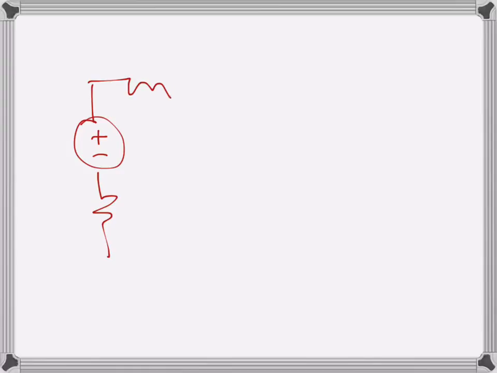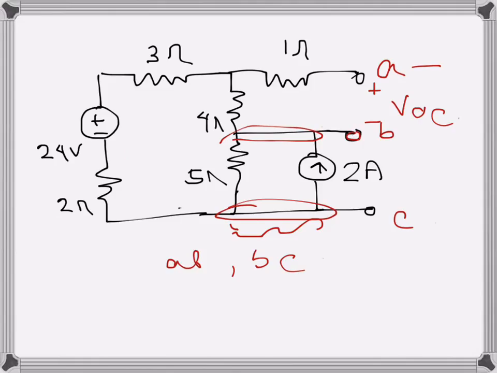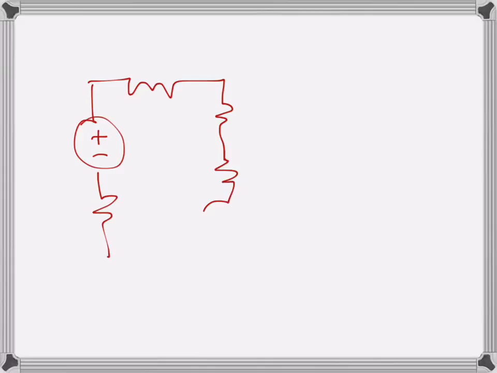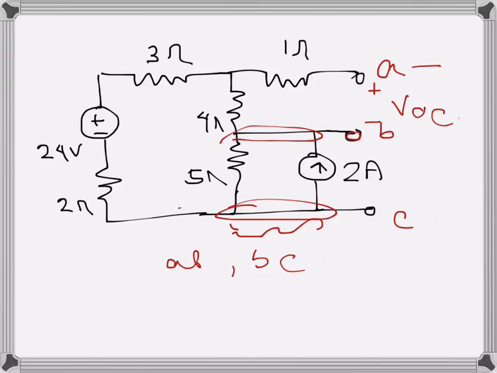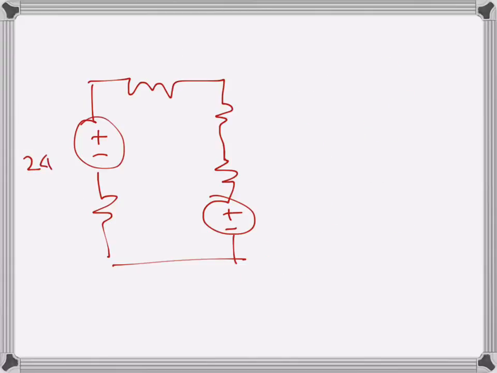So it's there, and then here it will be 5 ohms, and this will become a voltage source, 24 volts. Then 2 ohms, 3 ohms, 4 ohms, 5 ohms, and there's a 1 ohm resistance there.